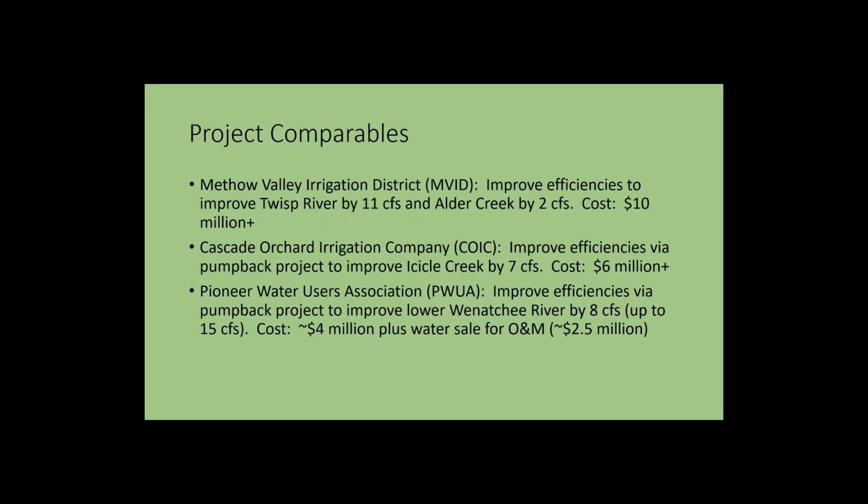Yeah, a couple things on the cost. I don't want to speak in too much detail about these projects. I wasn't directly involved in MVID or the Pioneer project. The numbers that we have came from a report that Anchor QEA had put together, and the costs were largely based on reported design and construction costs.